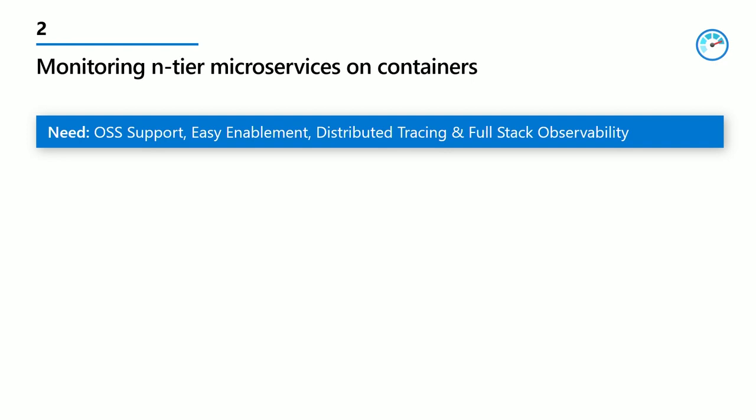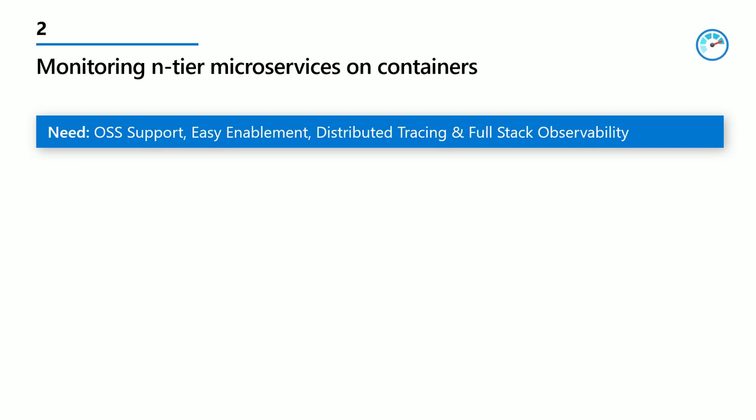And when I talk to customers who are in the microservices space, I hear these common asks that you see on the screen. Typically, microservices development requires open source support. You might be developing in .NET Core, Java, Python, Node, PHP, whatever language of your choice. You need it to be easily enabled, because these microservices are on containers.